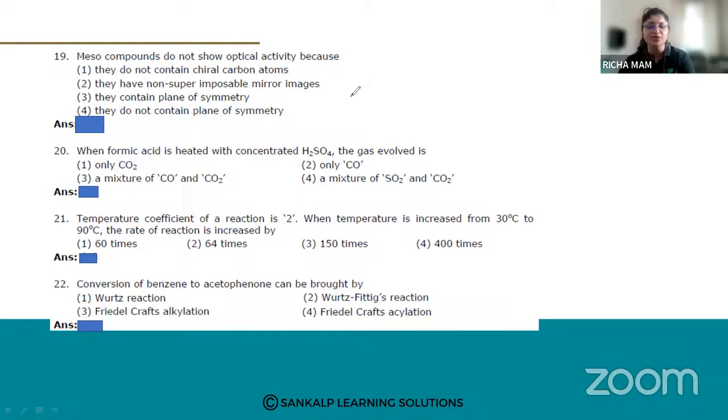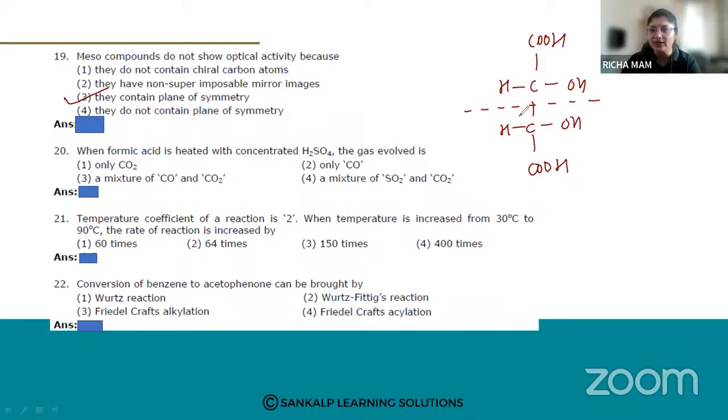So why do meso compounds not show optical activity? Because they contain a plane of symmetry. Suppose I take this particular molecule, COOH, H, OH, H, OH, COOH.